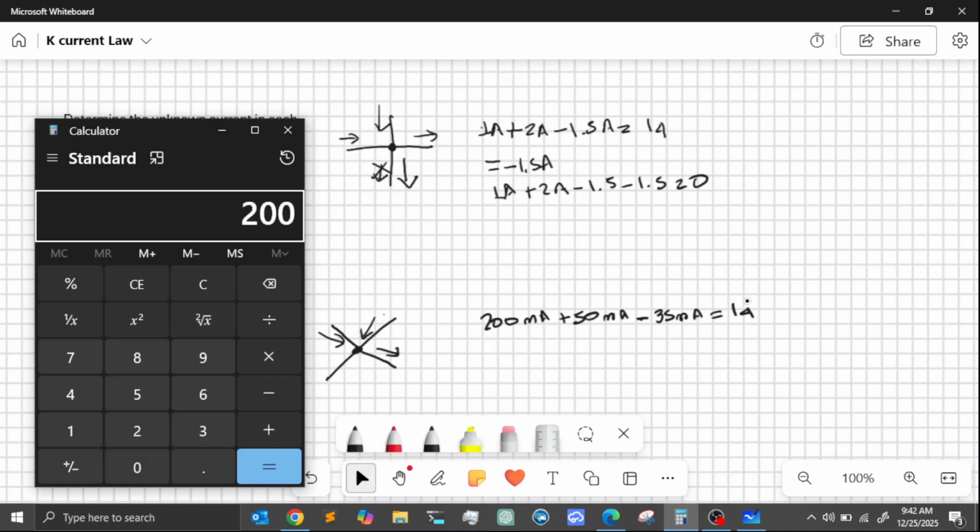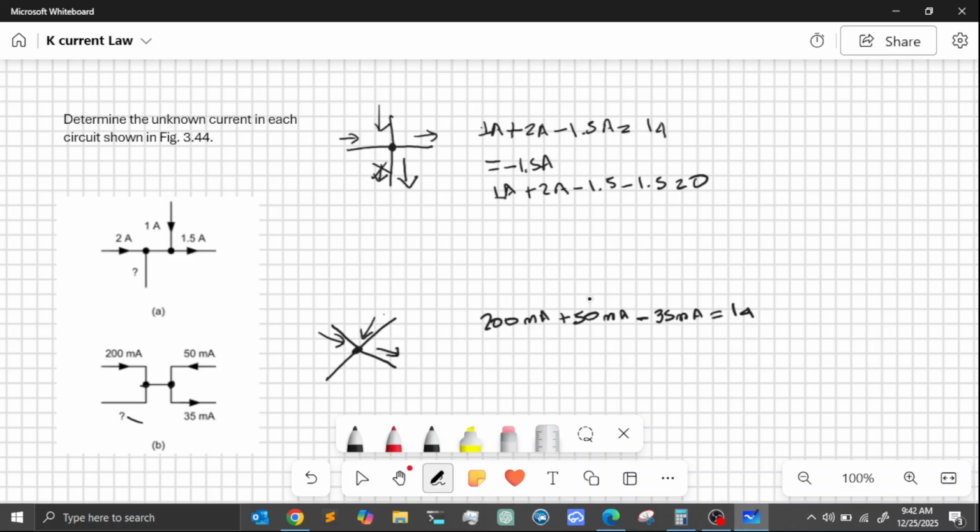That is 200 plus 50 minus 35. That is 215. Okay, so I4 is equal to 215 milliamps, and it is leaving the node, flowing in that direction. All right, so that is for the Kirchhoff current law.